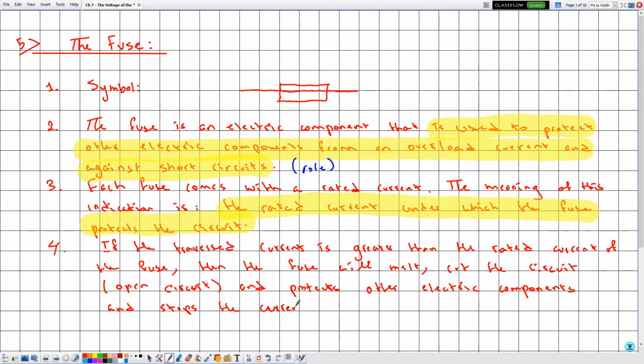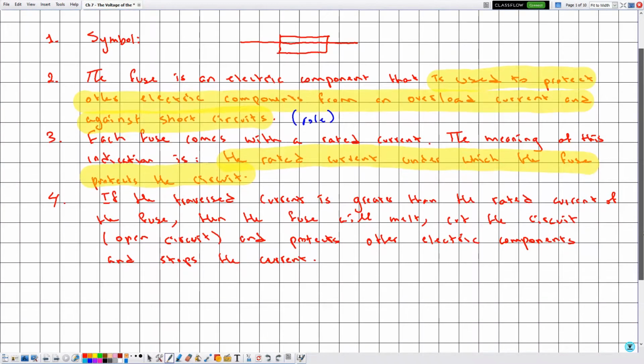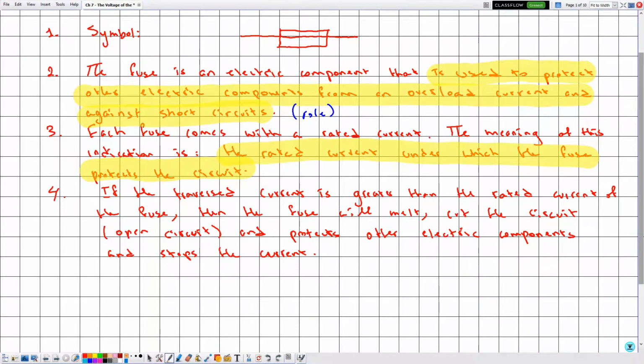So in this case, the fuse protects other electric components by stopping the current, whereas in the case of the resistor, it protects other electric components by limiting the flow of electric current. So the fuse stops, whereas the resistor limits the flow.